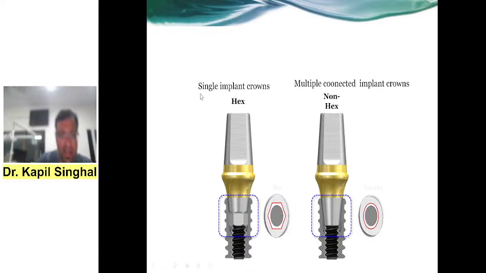So just remember two things. When it is a single implant crown, it would always be hex in your abutment. Whenever there are multiple connected implant crowns, suppose you have placed implants in 6 and 7, two adjacent implants, then the abutments that I'll use would be non-hex. If it is a single implant, single crown, you will always use hex in the abutment because the hex is an anti-rotational feature and it helps to prevent any screw loosening.